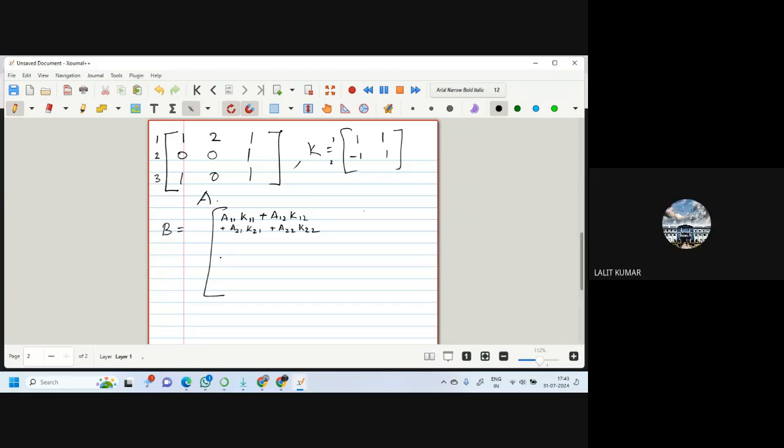Now here also you write down the same things, and here you get A12, A13, A22 plus A23. Here also you write down.